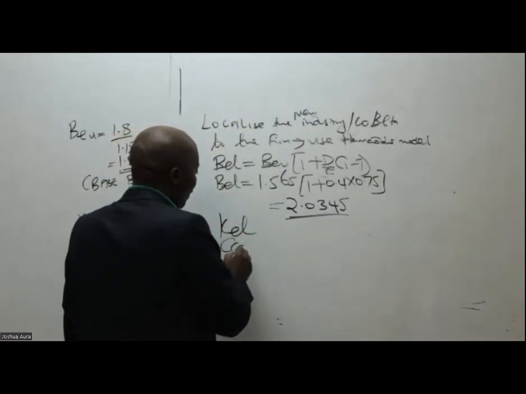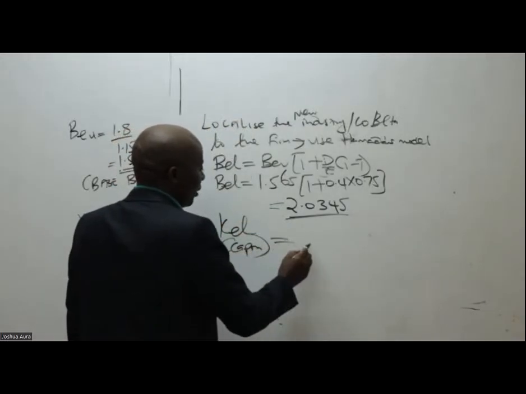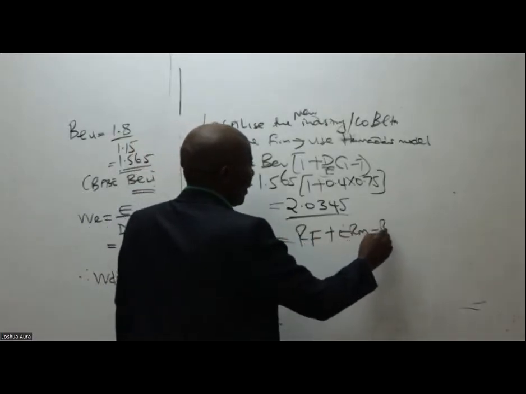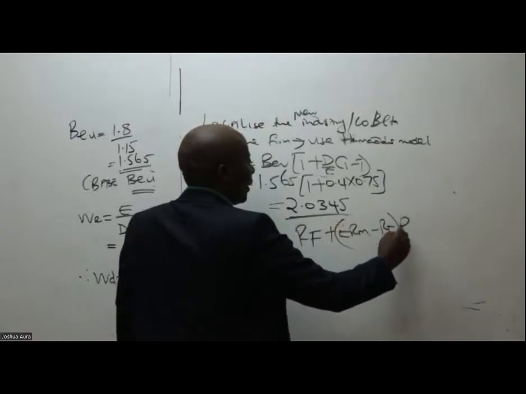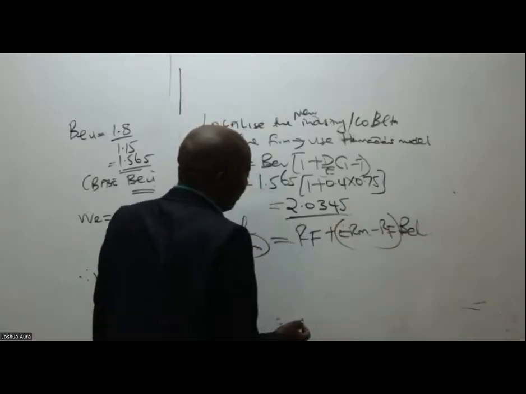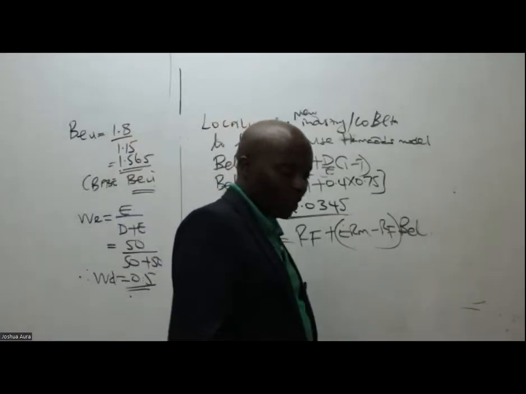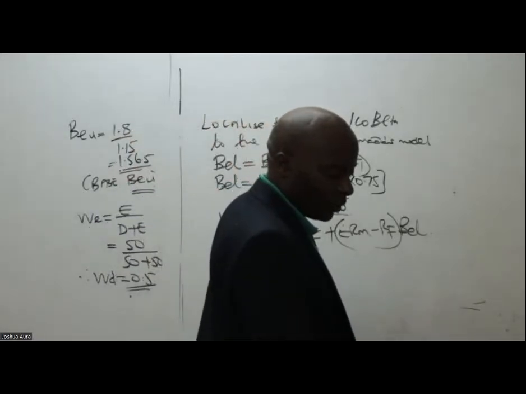So this one here will be risk-free plus ERM minus risk-free multiplied by the beta equity of this firm that you got up there. Are you able to see the risk-free rate of return?